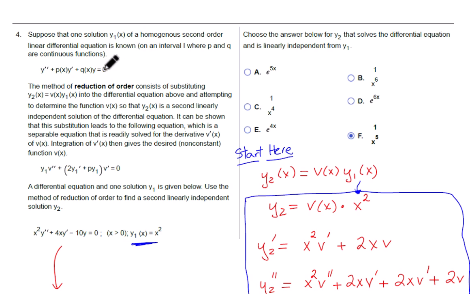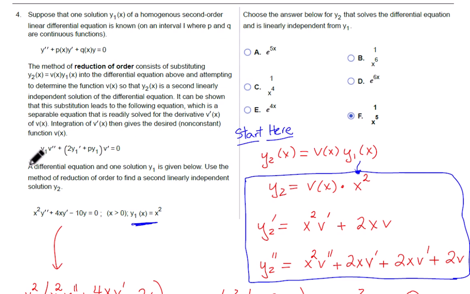And they're saying that if I know one solution, y1 of x, then I can use something called the reduction of order by letting y2 be another function times y1. This will give me my second linearly independent solution. So the question is, well, how do I do all that? Okay, so let's take a look.